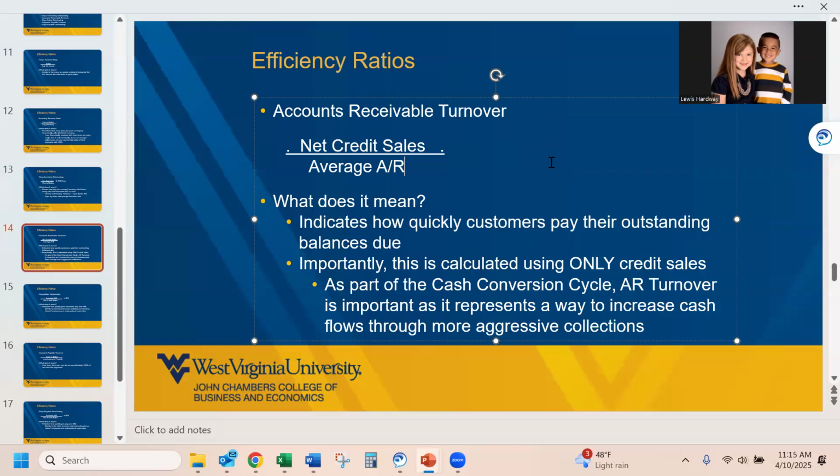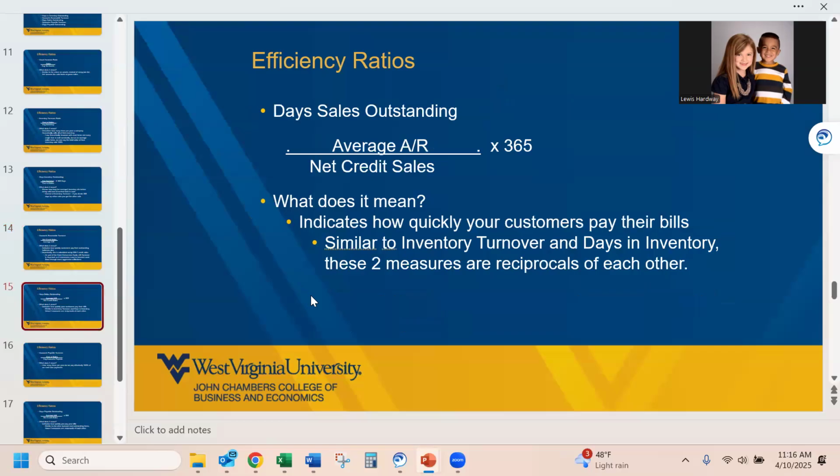It should only be sales that were made on credit. But it is part of the cash conversion cycle, because if we want to shorten that conversion cycle, then we can be more aggressive and try to get that money collected more quickly, thereby getting the cash more quickly.